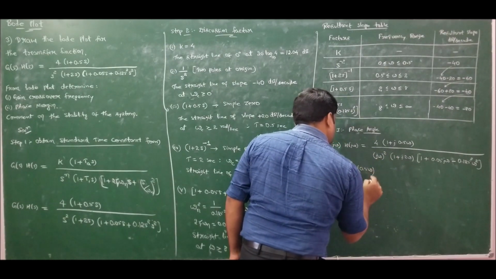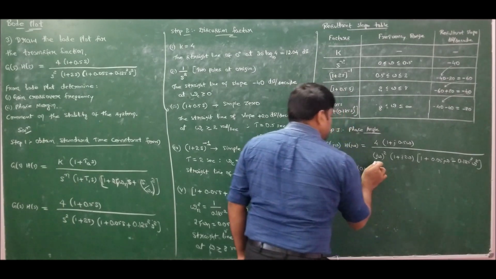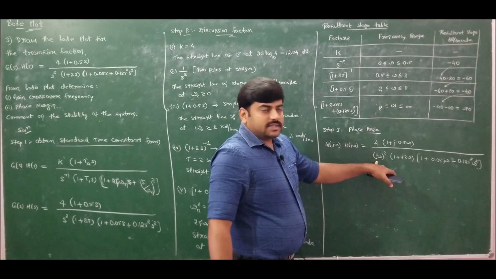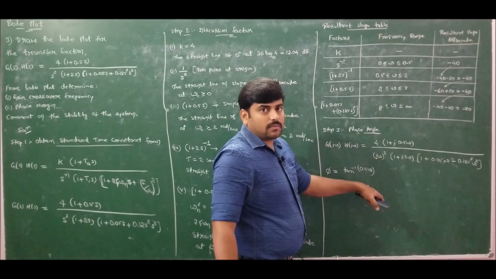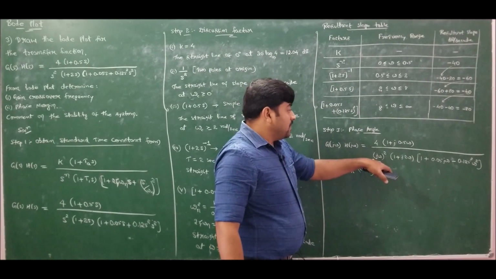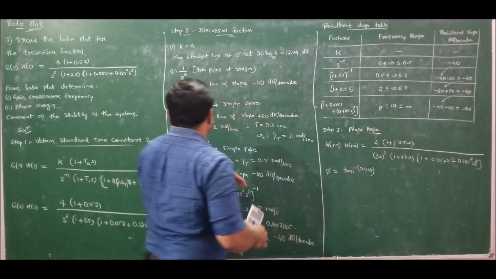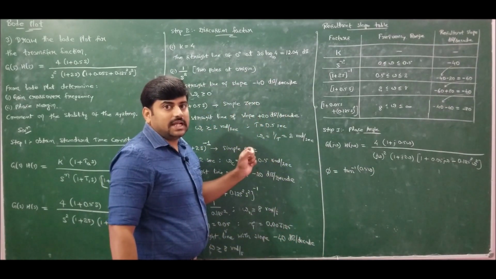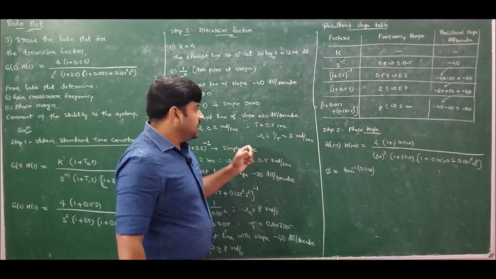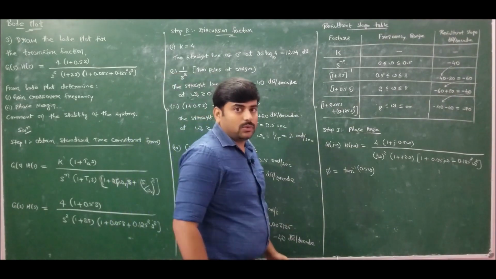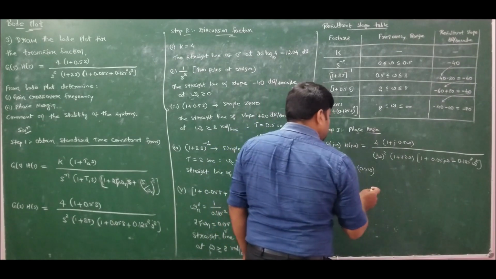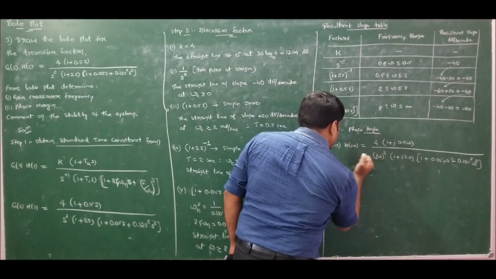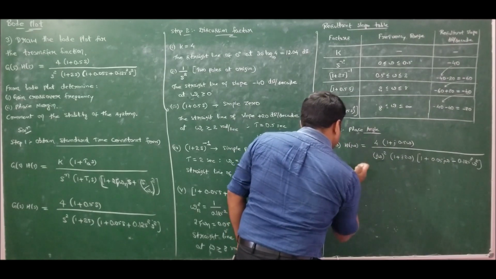Now, what is the contribution of the s square term for the phase angle plot? It is 1 by s square, that is poles at origin. For these, the contribution is minus 90 into n. Here n is 2, so minus 90 into 2 is minus 180. Since it is a constant value, let me write that first. It is minus 180.